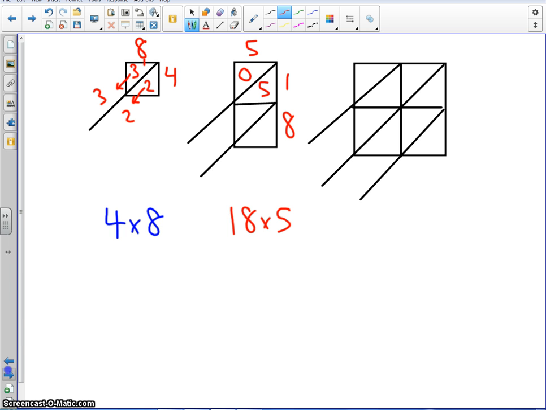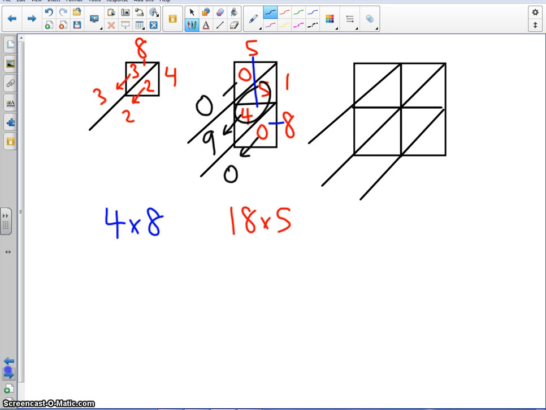And then 5 times 8, I put in this box here, which is 40. And then how I add this together is I work diagonally. So this is a 0. This diagonal group is 9. And there is 0 here. So my answer would be 90. This gets more fun for the kids when they get larger numbers.